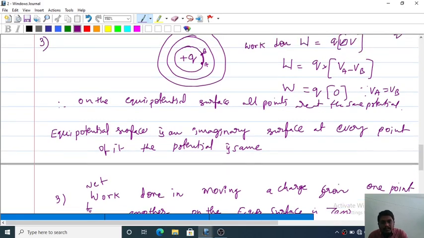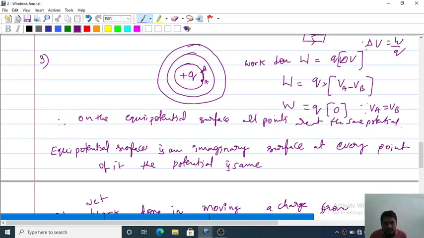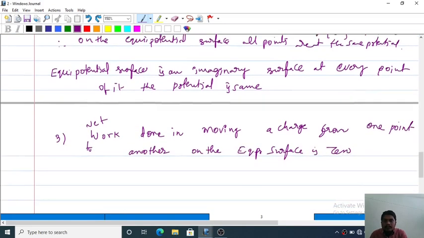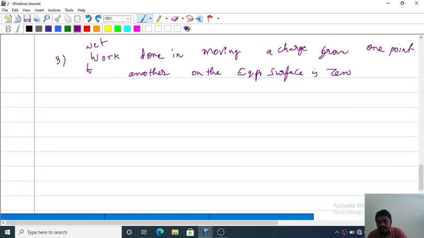Okay, whatever path you take. For example, if you bring B to A like this, or B to A like this, whatever path you take, if the final and initial points are on the same equipotential surface, then the net work done is 0. Okay, so this is about the equipotential surfaces.